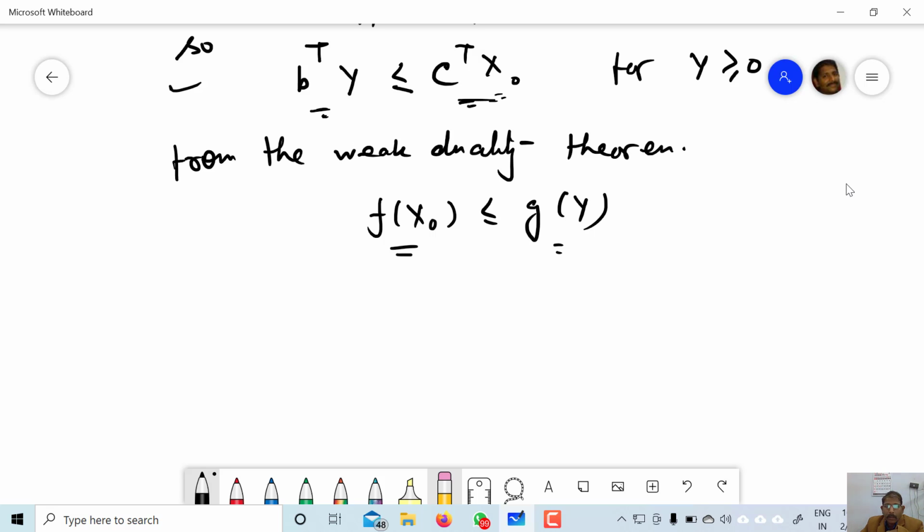So f(x0) must be less than or equal to g(y), and here it is larger than its dual. Therefore both are larger than or equal to each other, so we can say that both are actually equal, and therefore the optimal solution of the primal will be the same as the optimal solution of the dual, otherwise it would not be the same. Okay, clear?